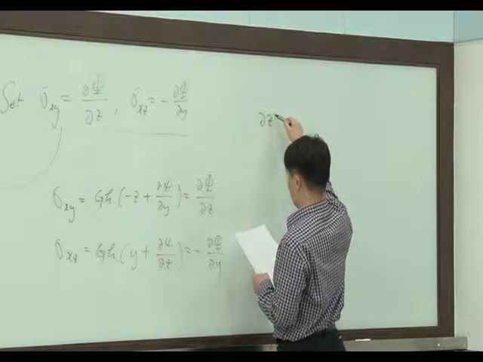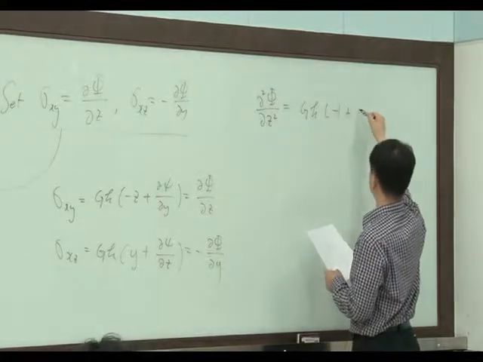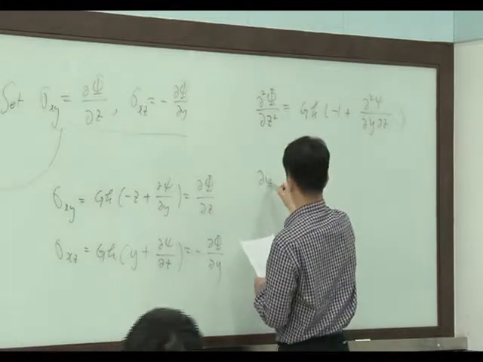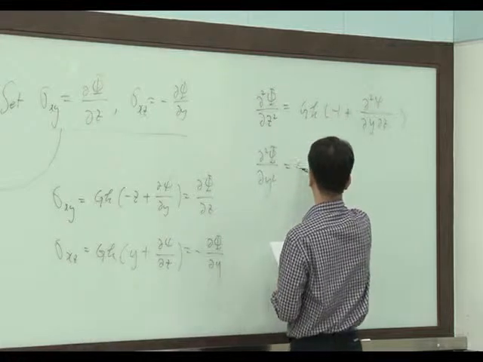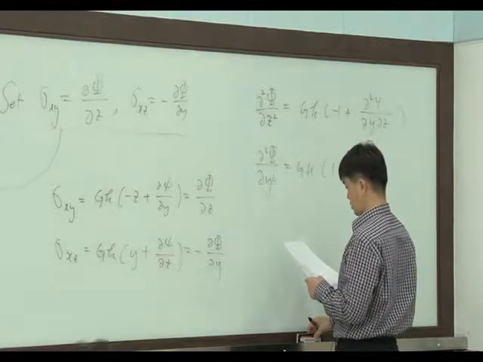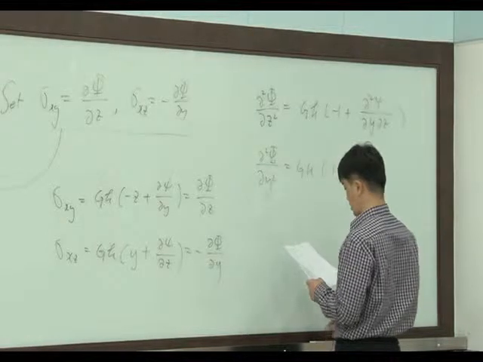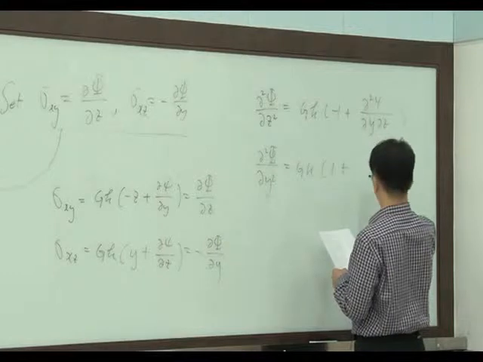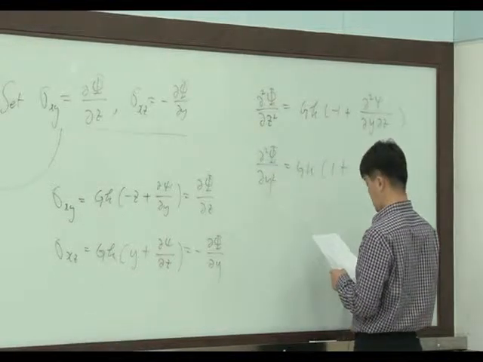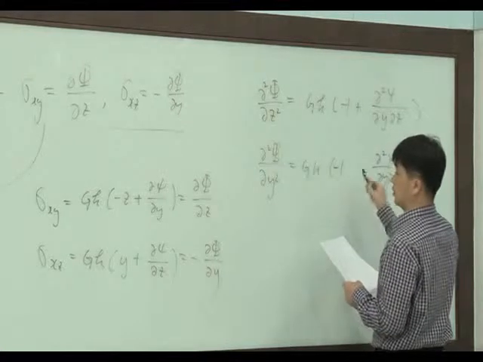Then square become gk minus 1 plus yg. gk 1 plus k minus gk. k plus, here, let me see, minus and minus.